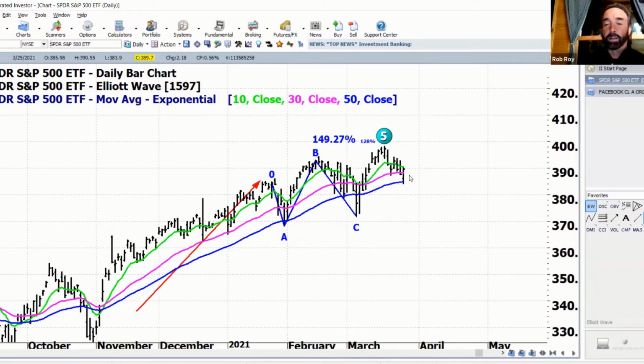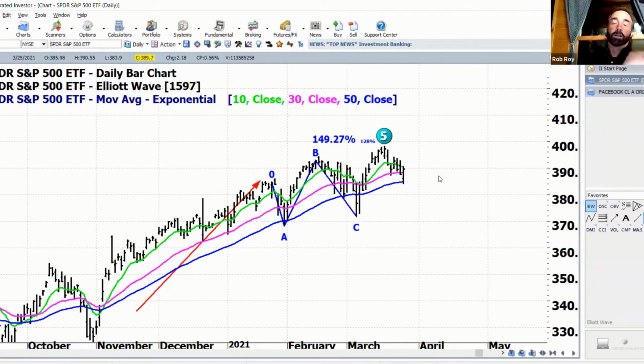But when you look at this, on Tuesday we had a breakdown below the 10-day moving average, confirmed yesterday. Today we're selling off, and at 11 o'clock it looked like all hell was about to break loose. Here comes the big dump to the downside.